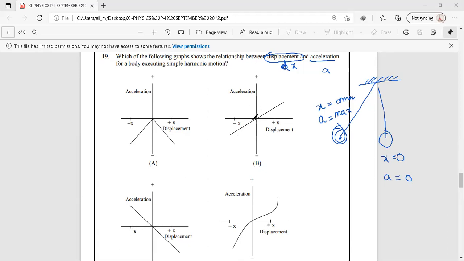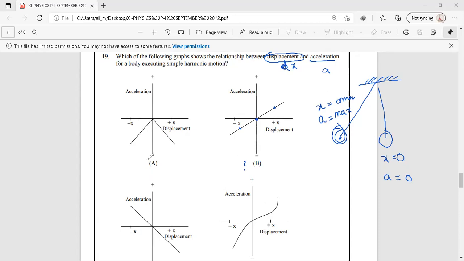So let's see, here this is the mean position, and at mean position, the acceleration is zero. As we move towards the positive displacement, the positive acceleration is also increasing, and for negative displacement, the acceleration is negative. So this could be our right answer.